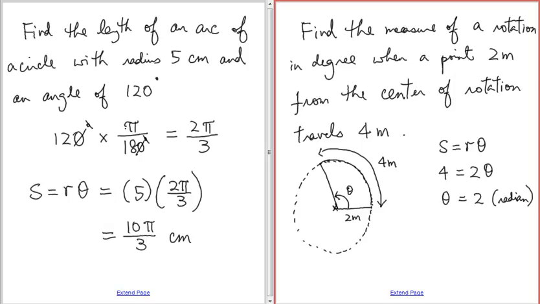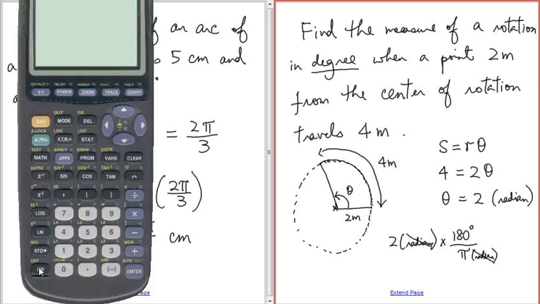And now the question is asking you, find the measure in degree. So what do you need to do? You need to convert this and make it become degree. So you have 2 radians multiply 180 degree divided by pi radian. We know that we have an invisible radian in the bottom. So now the radian unit will cancel out, and we have 2 times 180 over pi.